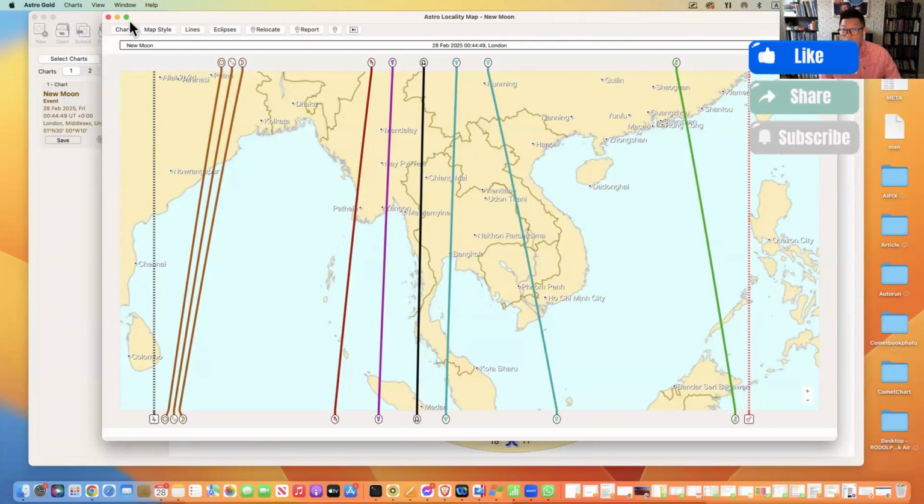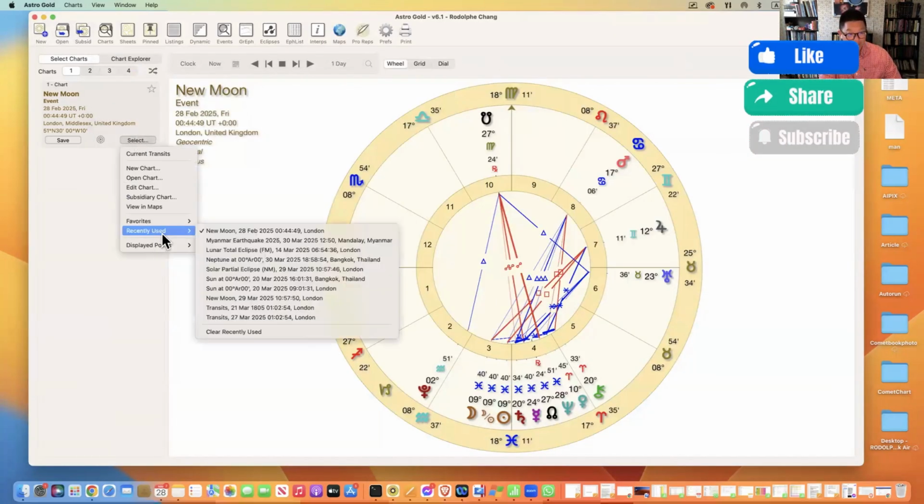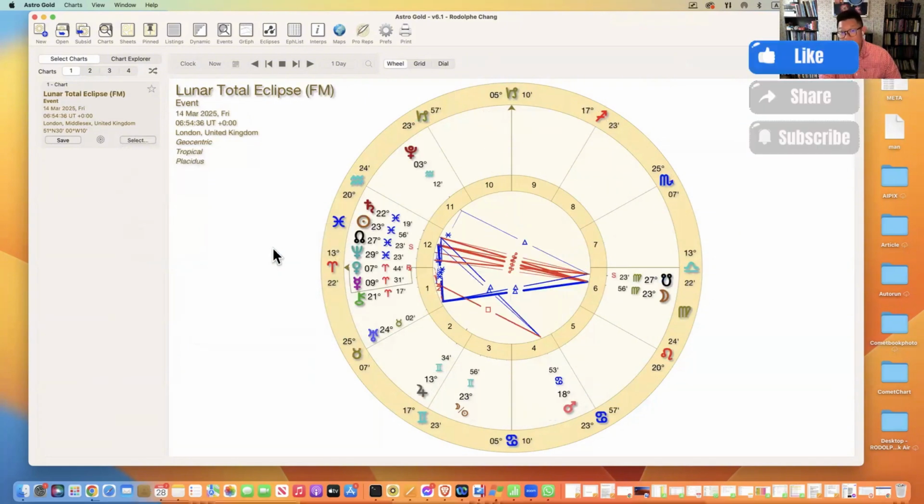Okay, later I will show you a technique, an example. All right, well, let's see what's coming up: the lunar eclipse on the 14th of March.